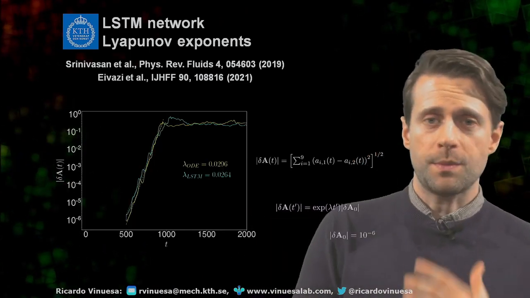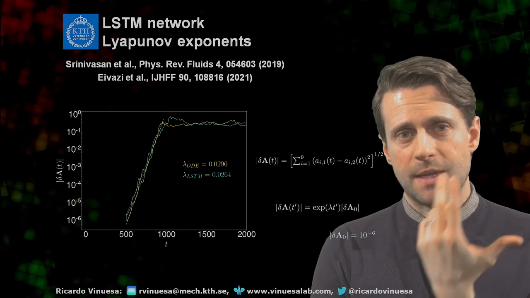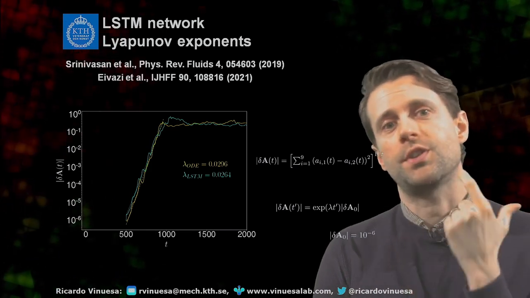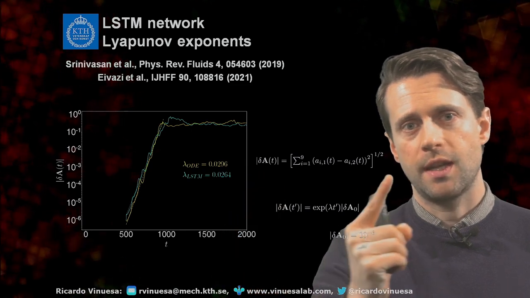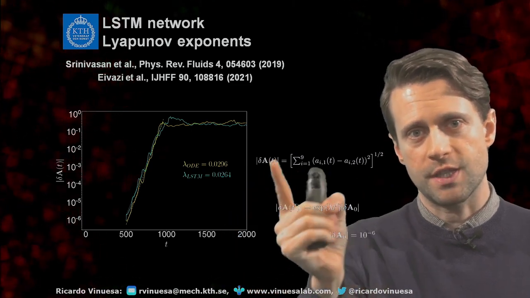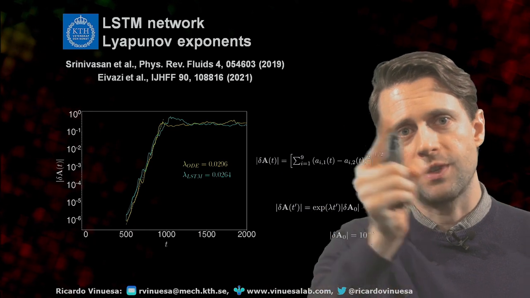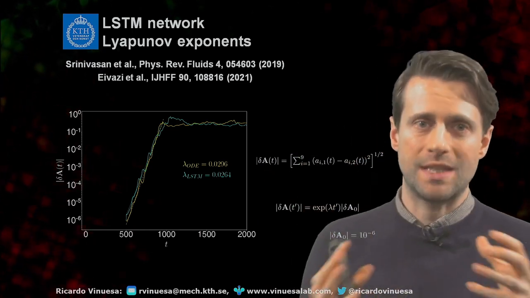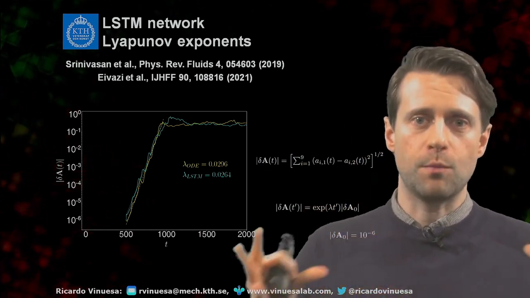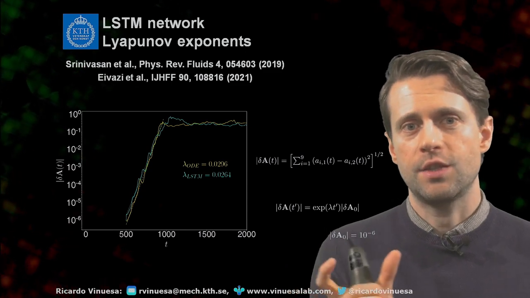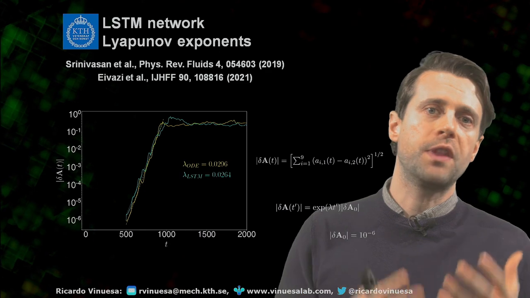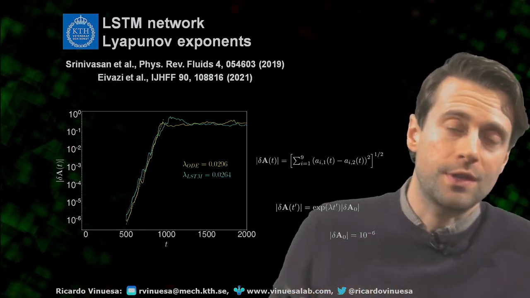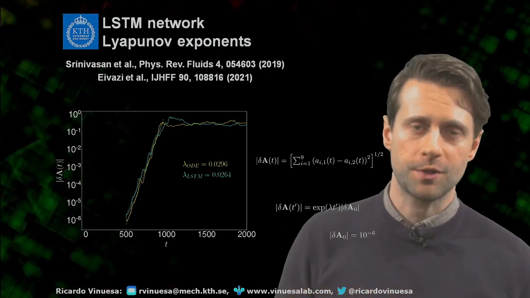Even more, something that one can do to study the dynamical behavior of my system is to perturb it. So we can introduce a perturbation on all the 9 modes. This is basically a norm of the deviation between the trajectories measured on the 9 modes. I can introduce a very small perturbation of 10 to the minus 6, which is basically of the order of the level of error that you could expect from our neural network.